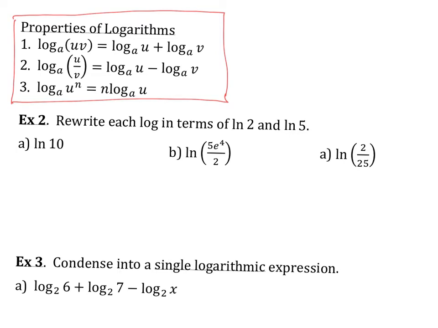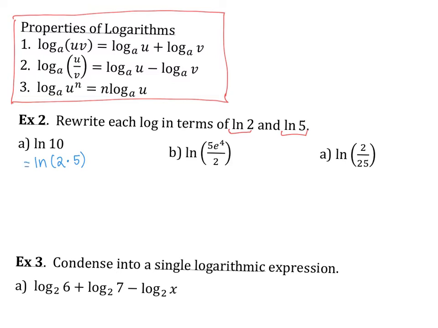Okay, so for example 2, it says rewrite each log in terms of ln 2 and ln 5. Okay, the first one is ln 10. So first thing is I want to try to rewrite the argument using 2 and 5 somehow. Well, ln 10, that's the same as ln of 2 times 5, because 2 times 5 is 10.